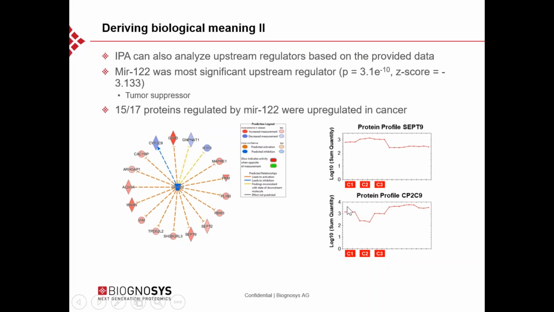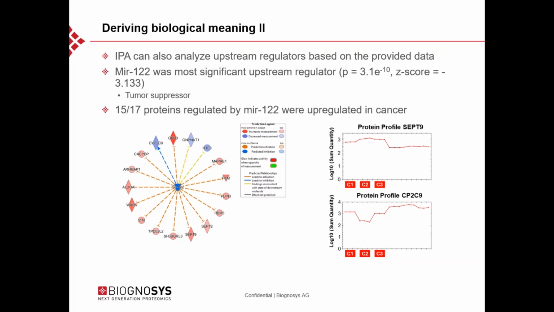For other proteins, the regulation was not that clear, and you can see that it's only regulated in a partial set of samples. This also nicely indicates how precisely you can monitor protein expression among different patients.